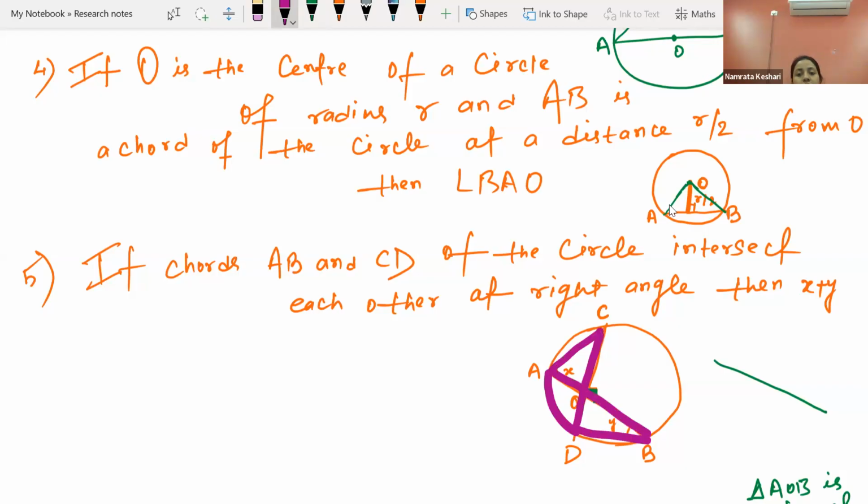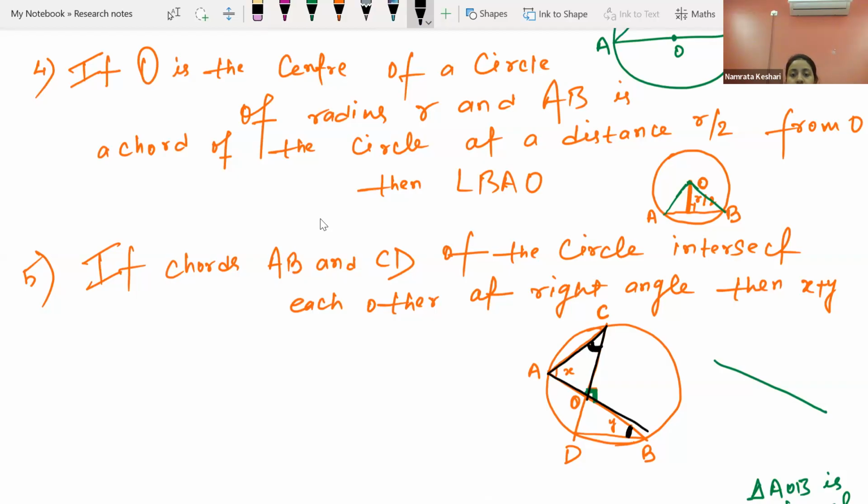Yes, ma'am. Is x plus y coming out to be 90? How did you get it? Yes, how did you get x plus y as 90?